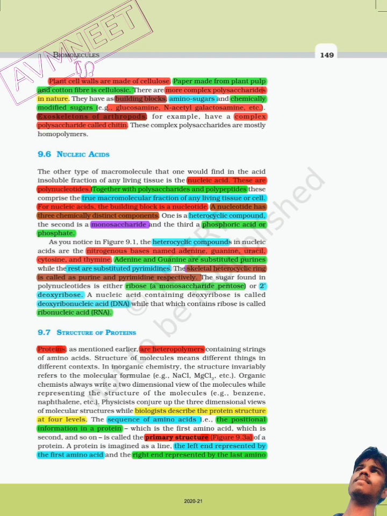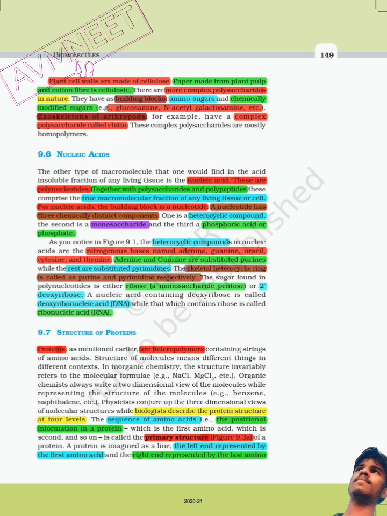As you notice in figure 9.1, the heterocyclic compounds in nucleic acids are the nitrogenous bases named adenine, guanine, uracil, cytosine and thymine. Adenine and guanine are substituted purines, while the rest are substituted pyrimidines. The skeletal heterocyclic rings are called purine and pyrimidine respectively.